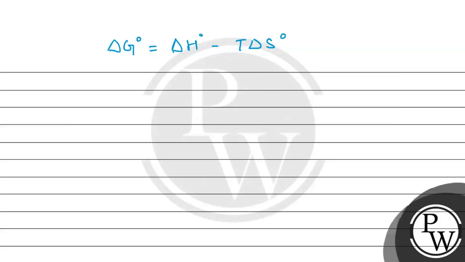Here T is the temperature, H is the enthalpy, S is the entropy, the delta sign represents change, and the naught represents the standard. Standard conditions are basically room temperature, we can say 25 degrees Celsius, and the pressure is also fixed.